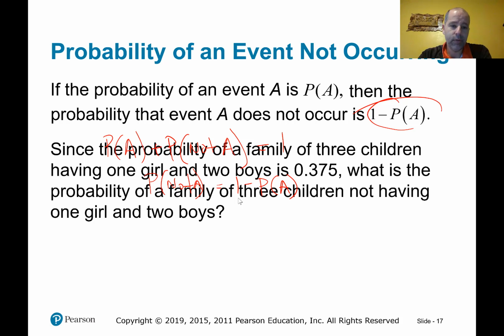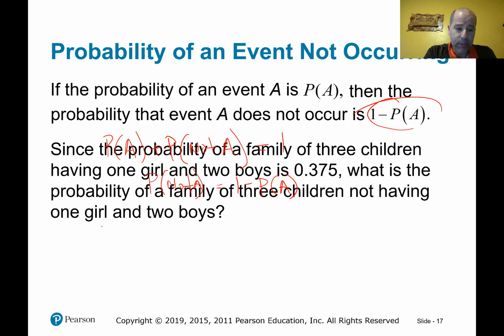Okay, so since the probability of a family of 3 children having 1 girl and 2 boys is 0.375, what is the probability of a family of 3 children not having 1 girl and 2 boys? Well, again, either this event is going to occur or it doesn't occur, right?